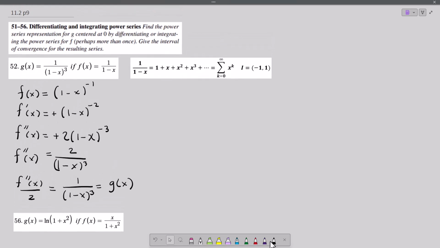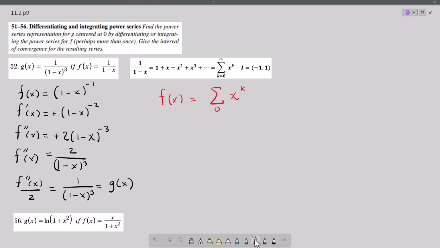So we come over to our power series here. This is the power series for f right there. So let's say that that is f of x equals this power series, starts at 0, x to the k. There's f. Differentiating? Simple.